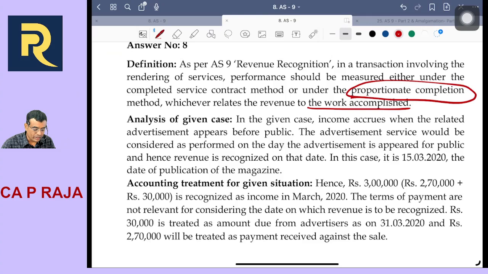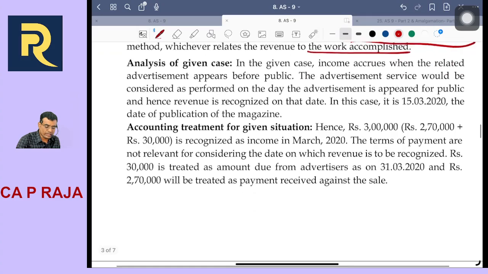Accounting treatment for the given situation. Hence, 3 lakhs recognized as income in March 2020. The terms of payment are not relevant for considering the date on which revenue is to be recognized. Rupees 30,000 treated as an amount due from the advertiser as on 31/3/2020 and 2,70,000 rupees treated as payment received against the sale. Of course, this is very simple.